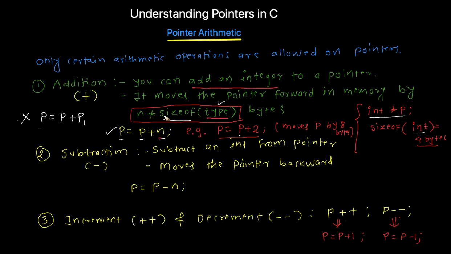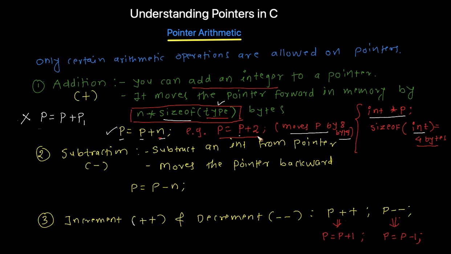So n into 4. If we are adding n to p, this p will move in the forward direction by n into 4 bytes. If n is equal to 2, 2 into 4 is 8 bytes, so this will move p forward by 8 bytes.